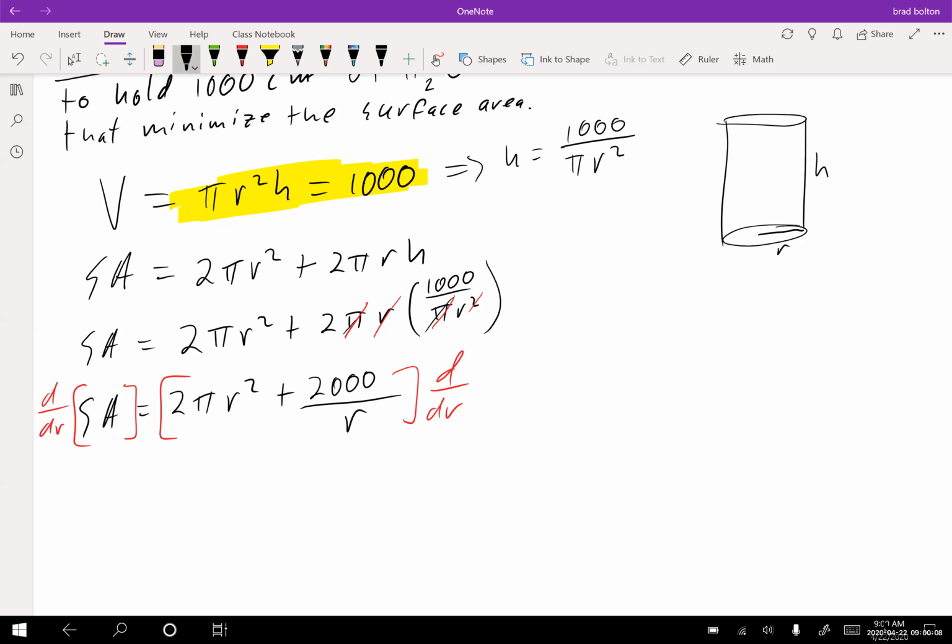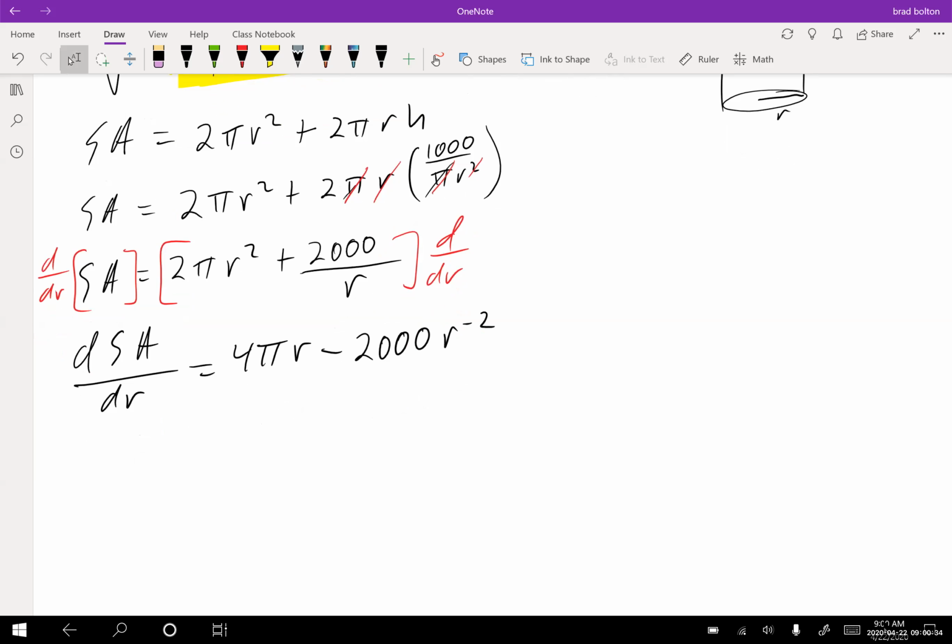So now we'll have d surface area over dr is equal to 4 pi, because the derivative of 2 pi r squared is 4 pi r, plus, oops, it'll actually be minus 2,000 r to the negative 2, right? Because it's technically r to the negative 1. So now this is going to equal 4 pi r minus 2,000 over r squared.